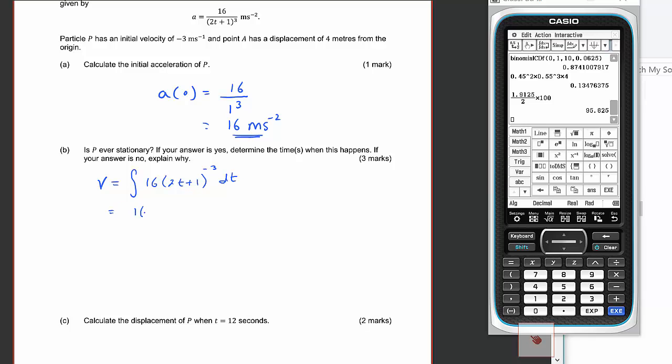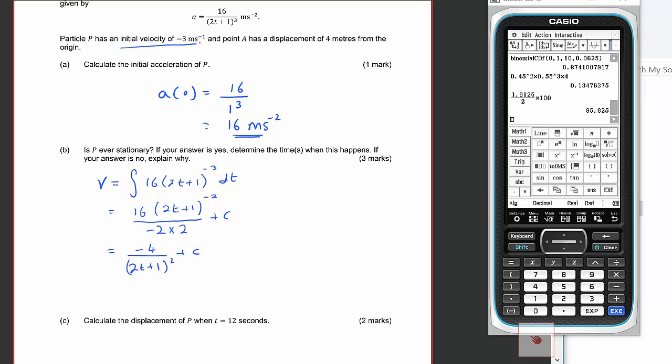So that's going to be 16 times (2t plus 1) to the -2, divided by the new power and by the differential of the inside function, and add a constant. So 16 divided by -4 is -4, so it's going to be -4 over (2t plus 1) squared plus a constant.